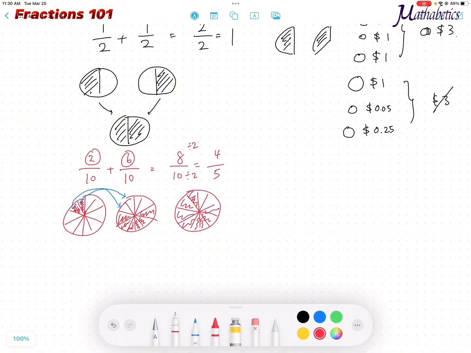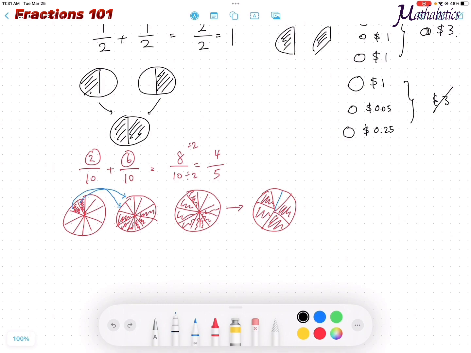Now if we reduce it further, I'm just going to draw 5 pieces. So we want 1, 2, 3, and 4. Because if you divide them further in 2, it's the same as the other one.